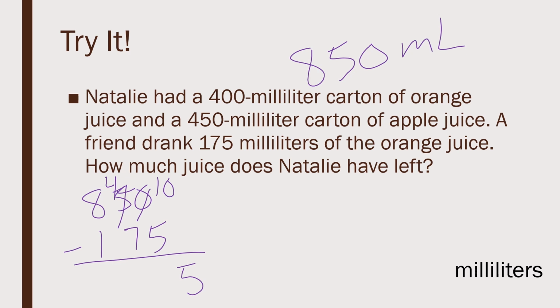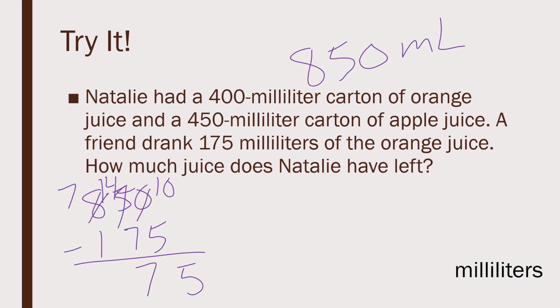No, we cannot, so we have to regroup from our hundreds. We take 100 away from 800, we're left with 700. And if we regroup that 100, we have 10 tens added to our 4 tens. Now we have 14 tens. So 14 minus 7 is 7.